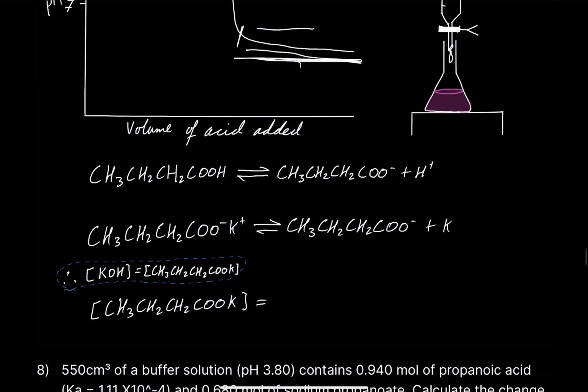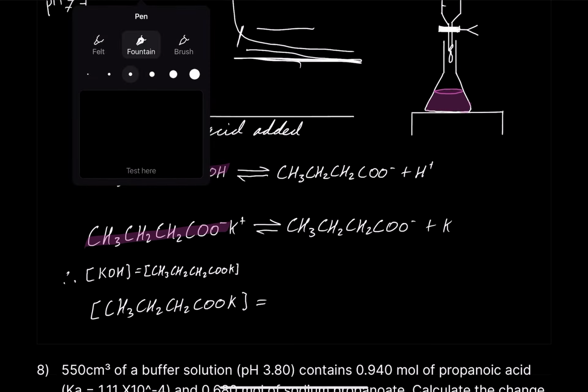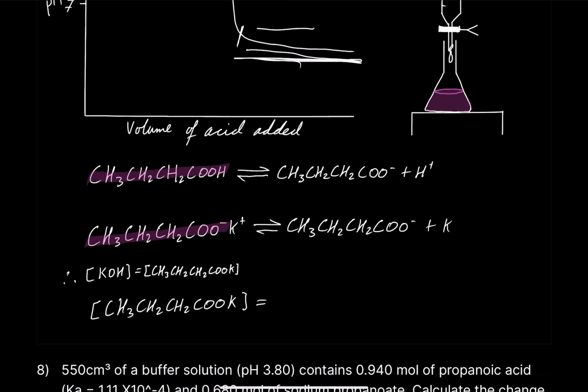So in our solution, we have our weak acid and the salt of our weak acid. Remember, we know that a weak acid weakly dissociates H plus ions in solution. So we know equilibrium is not far to the right, it's closer to the middle, because there's a lack of dissociation.